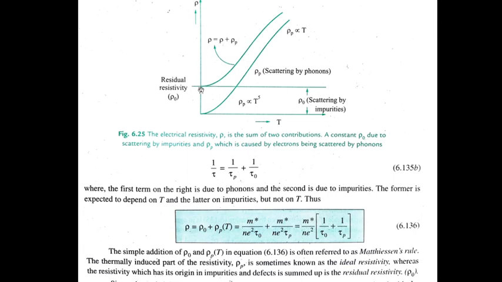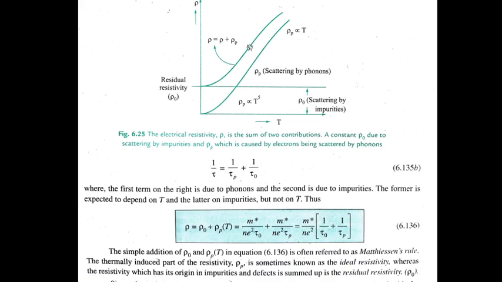So rho 0 is where you begin, and the lower curve is coming through the origin. Origin means rho 0 becomes 0, which means this is a very pure material, okay. Once you add certain impurity into that, your residual resistivity, the first part of Matthiessen's rule, will increase, and it depends less on the temperature.